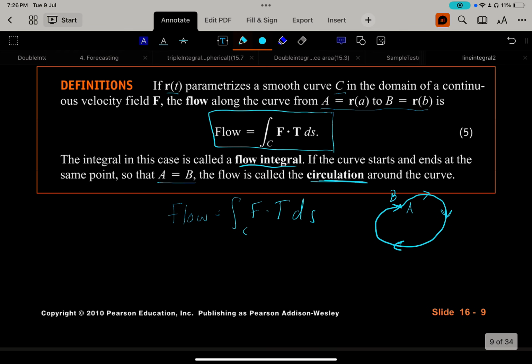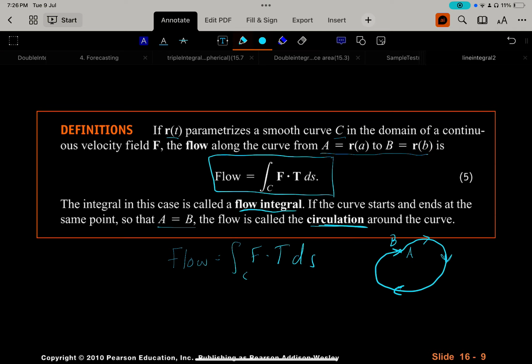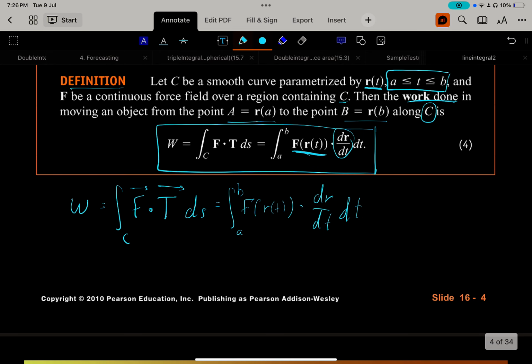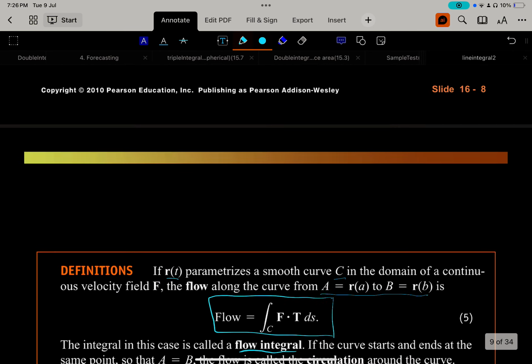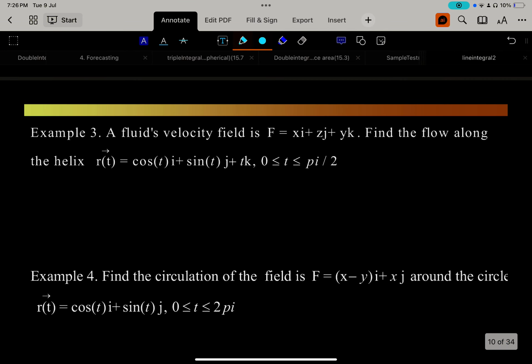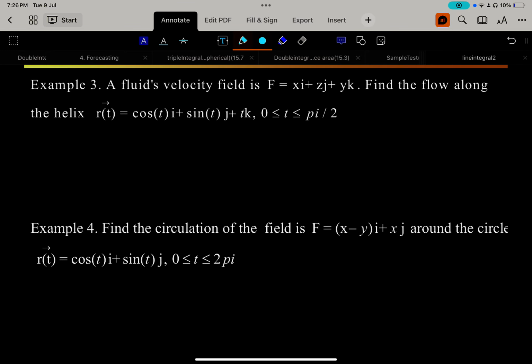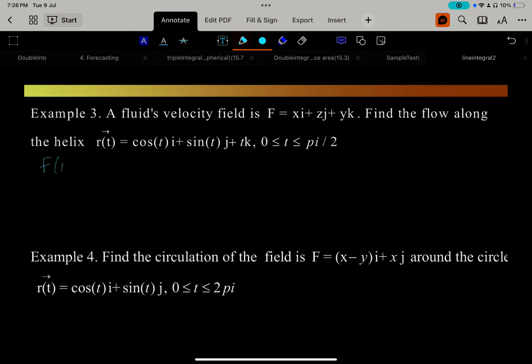We don't need to find anything else really. It's simply F dot T. So F of r of t equals, now x equals this, y equals this, z equals this, so we have cosine of t i plus t j plus sine of t k.